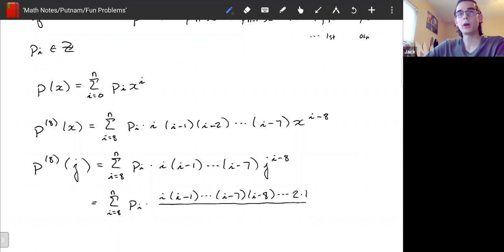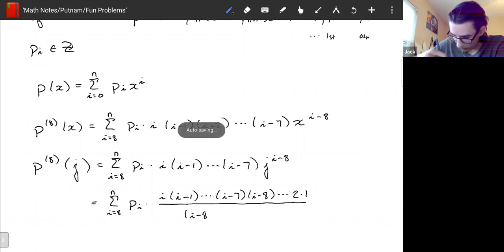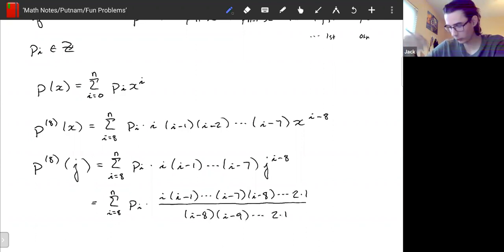And then down on the bottom, we have to have i minus 8 times i minus 9, all the way to times 2 times 1. Because we multiplied by the remaining part of the factorial on the top and the remaining part on the bottom, so we still have equality.